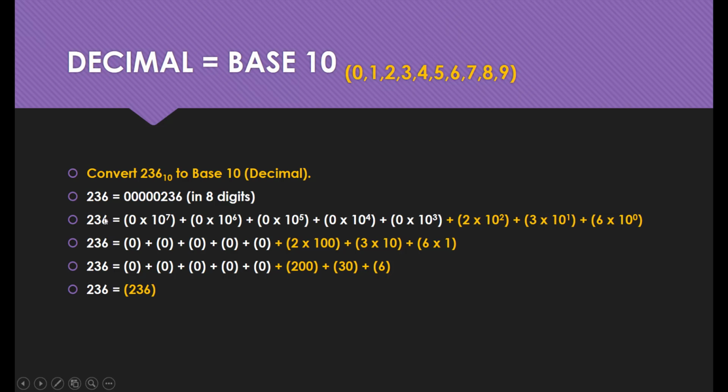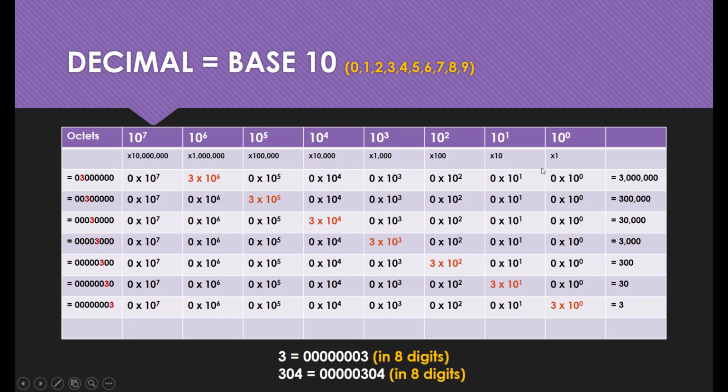So the same one is, you now take from the first position, or let me say the last end of the octet, and that one will be 6, which is here, times 10 raised to power 0. Remember from our table, the last one always is the base raised to power 0.